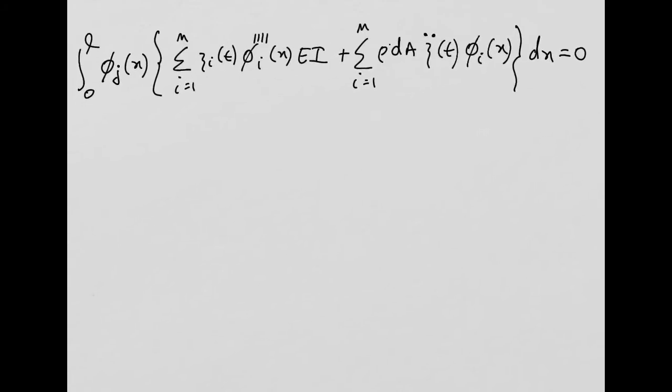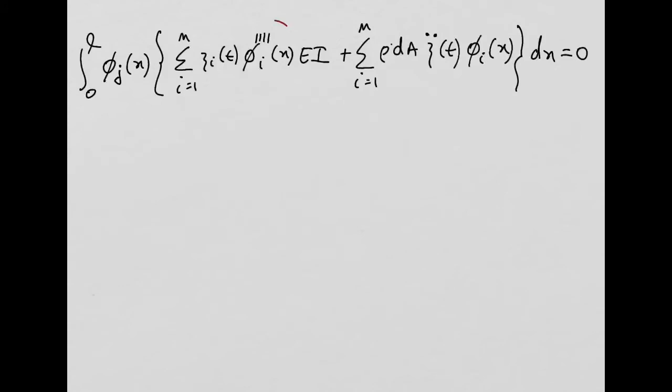The reason is, in this weighted residual here, we have this fourth derivative. So when we integrate by parts, we reduce this fourth derivative into a second derivative, all right? And of course, we need to apply the boundary conditions. You know the rule of integration by parts, right? You can always reduce a higher derivative into a lower derivative by integrating by parts.